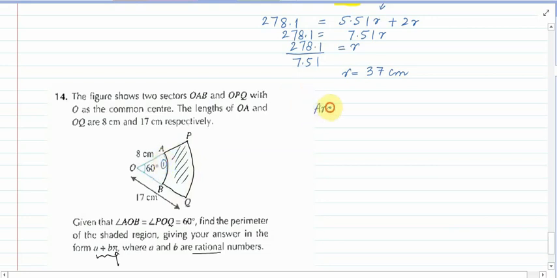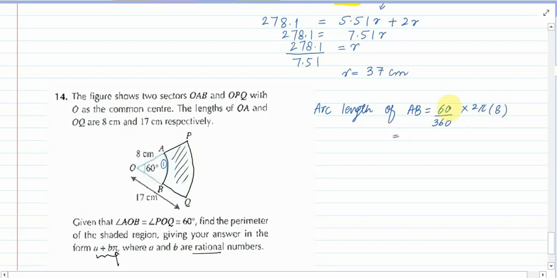So arc length of AB, applying the working formula, angle, that is 60 divided by 360 multiplied by 2 pi and the value of radius is 8, right?